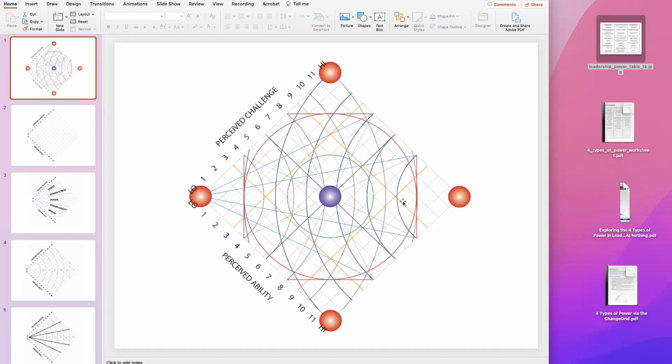So whatever we might be thinking Bragg or Trump is, we don't know. We're not in that person's head. We are looking at cues that tell us the likelihood of someone being in some particular place on the change grid. So Bragg is at least slightly upgrid. Hopefully he's not way up here where he's too nervous or might not be the right person for the task at hand, but he needs to be right here.